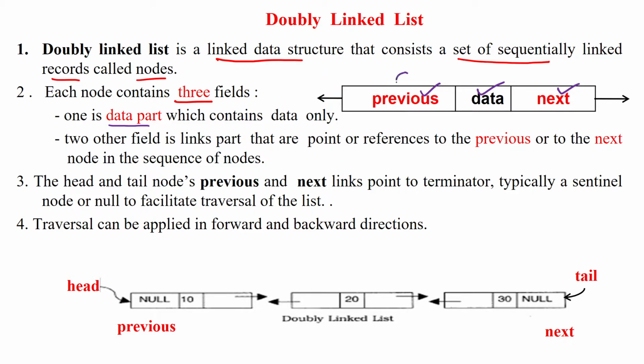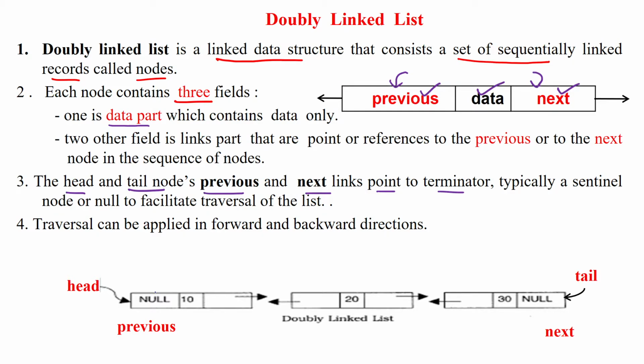These previous and next pointers are reference pointers to the other nodes. Here the head and tail nodes have previous and next pointers pointing to the terminator.